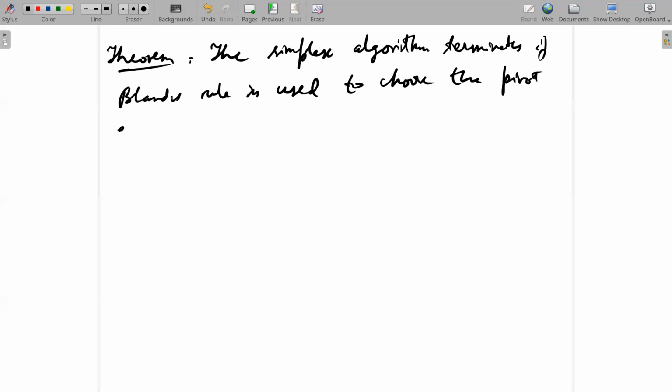The pivot entry essentially has information about the entering column and the exiting column.